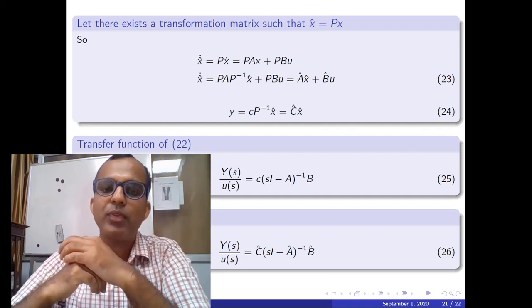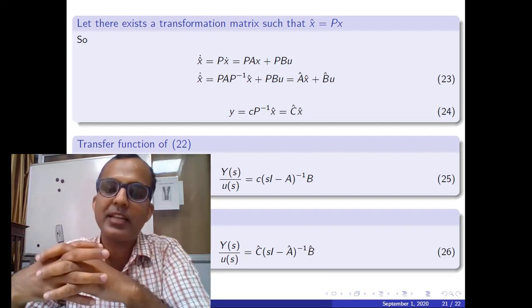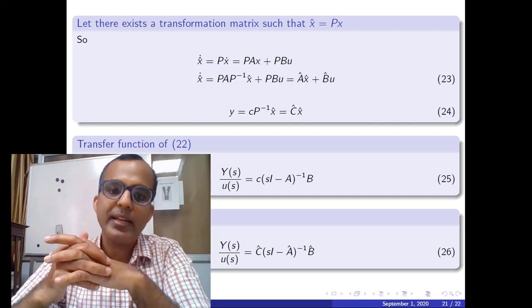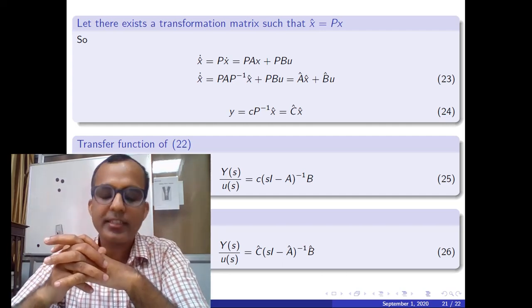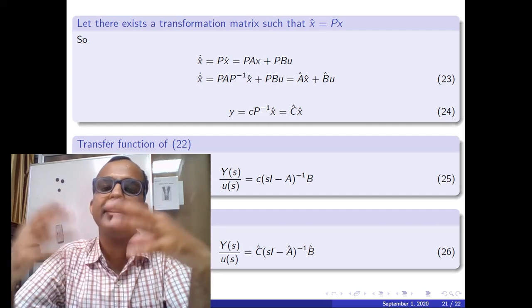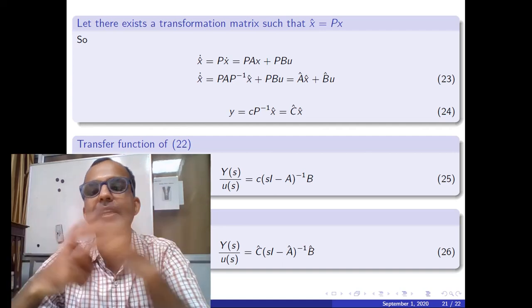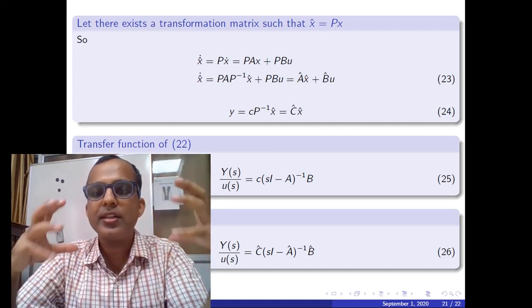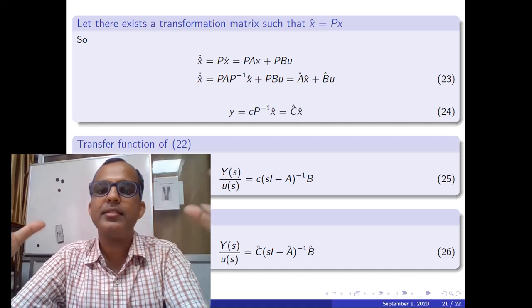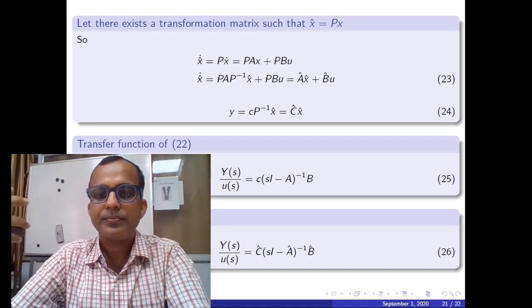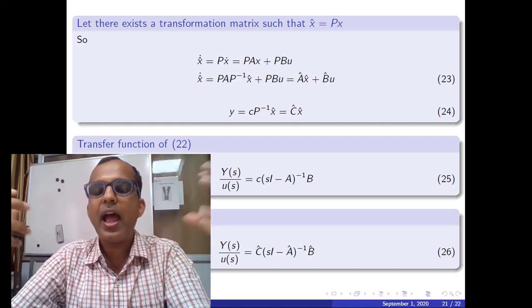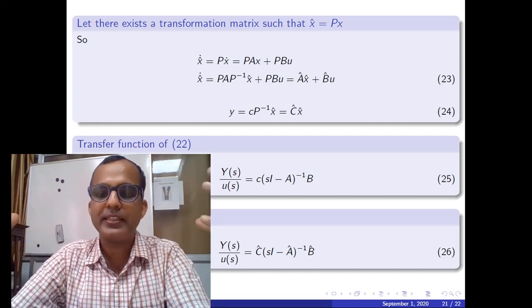And after that we found that there are two different classes of system: the linear time invariant system and the linear time varying system. After that we found that the state space representation is non-unique, but the input output representation is unique.